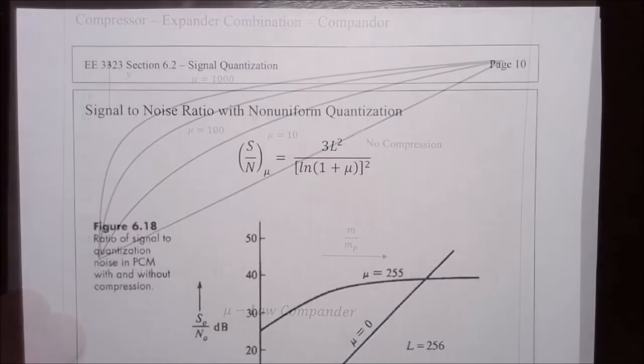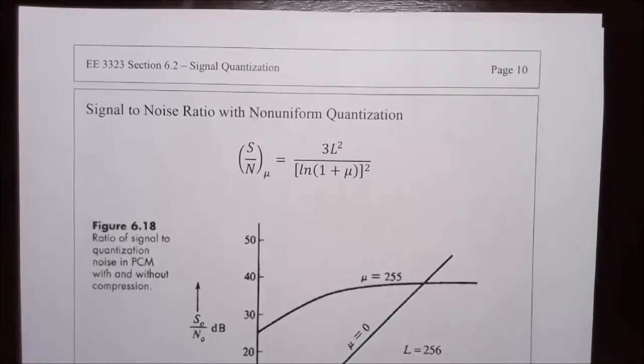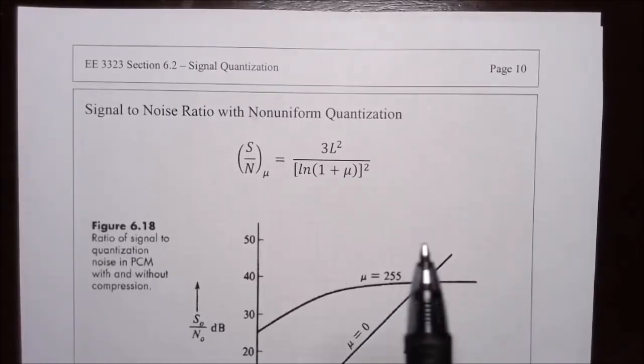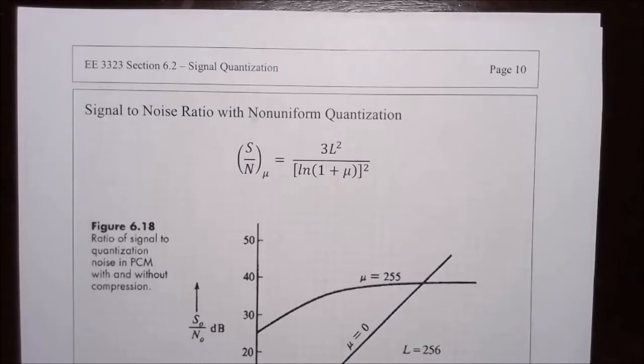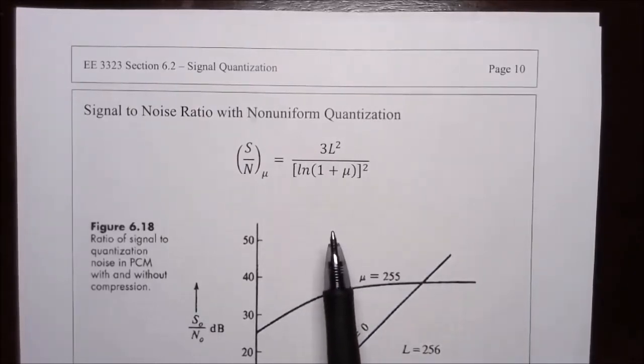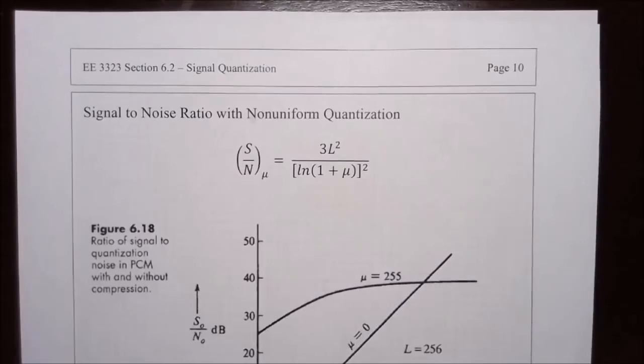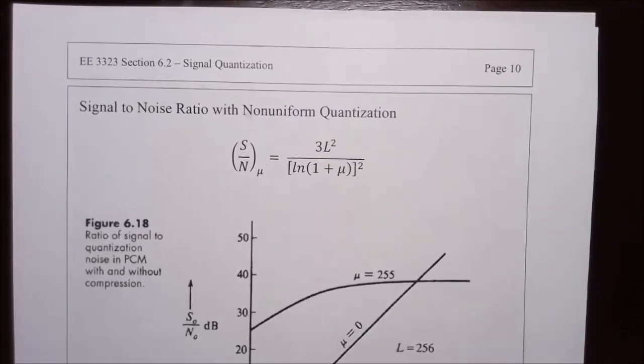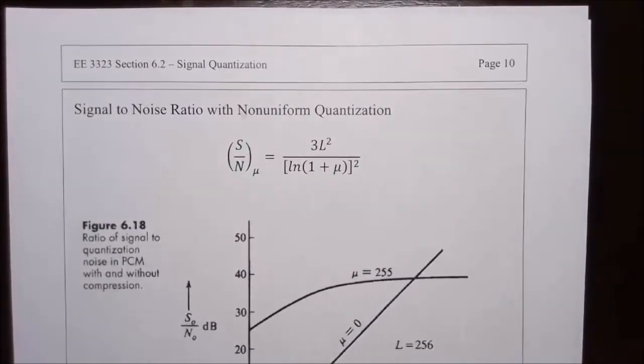Now we need an equation for the signal to noise ratio when using a compressor, employing non-uniform quantization. And your textbook takes the easy way out and refers to a derivation in the appendix, I believe it is, which is lengthy and will likely not give us a lot of insight.